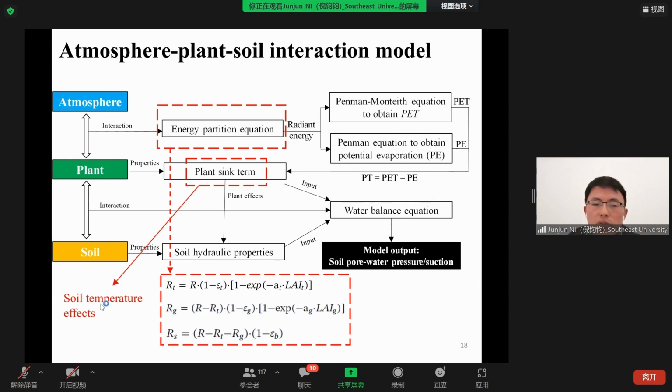Here, we also consider the soil temperature effects on the sink term, because we all know that the plant canopy will affect the soil temperature, but on the contrary, the soil temperature will also affect the soil water uptake. Just like in the summer or in the winter, the water uptake behavior of the plants is significantly different. Then the soil hydraulic properties, for example, water retention and permeability functions, we need to also consider the plant root effects. And finally, based on this self-programming code, I can calculate the pore pressure of the different vegetative conditions.